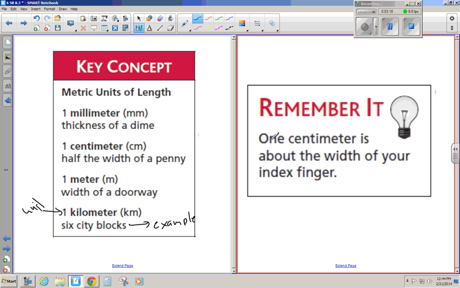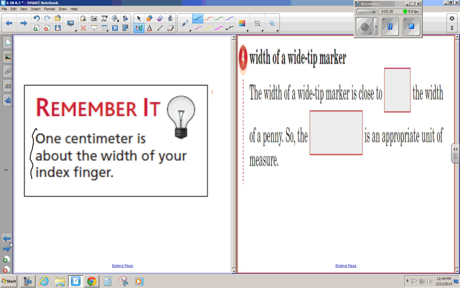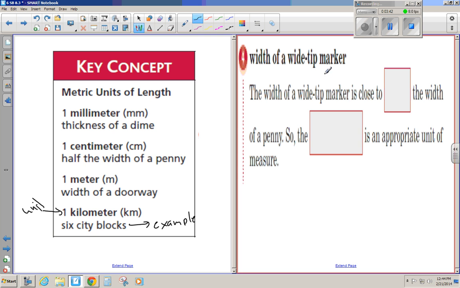All right, let's remember this. 1 centimeter is about the width of your index finger. So you could measure in centimeters using just your fingers. So, the width of a wide tip marker is close to, I'm going to say, twice the width of a penny.